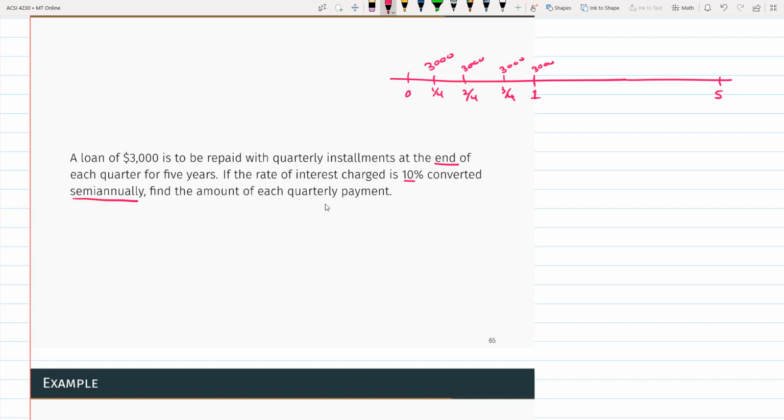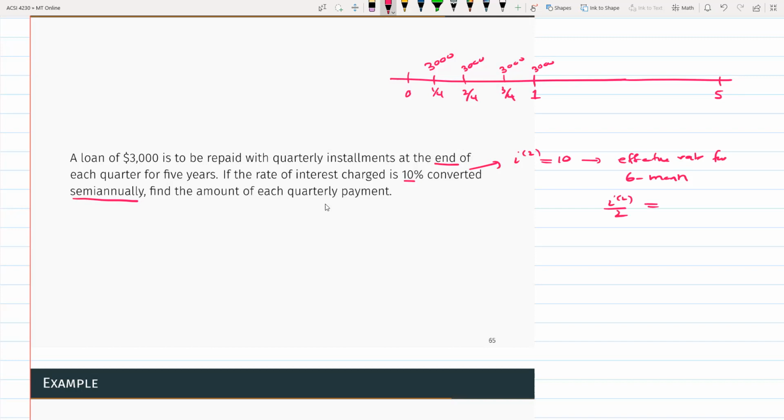Okay, so we are given I2, so the nominal rate. Then what's the effective rate for 6 months? It's going to be I2 divided by 2, no?